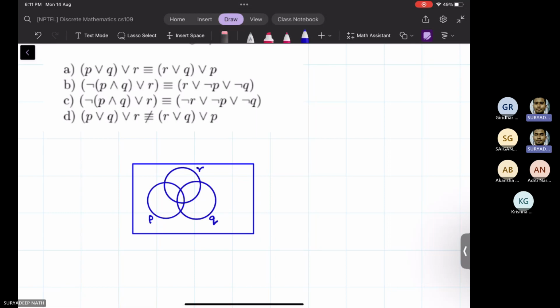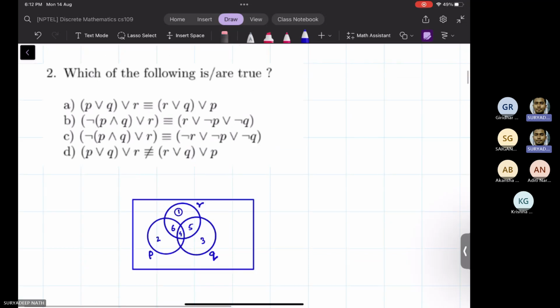If you say option A is correct, P or Q would be the union of P and Q, and P or Q or R would be the union of all three, right? Let us say this is 1, this is 2, this is 3, this is 4, this is 5, this is 6.